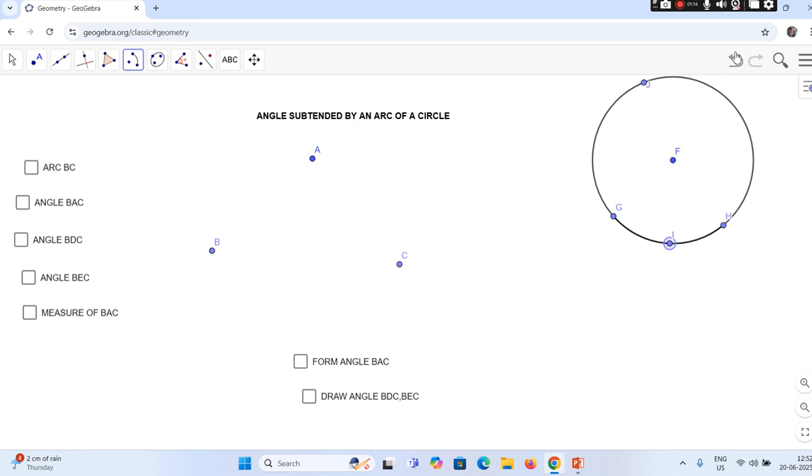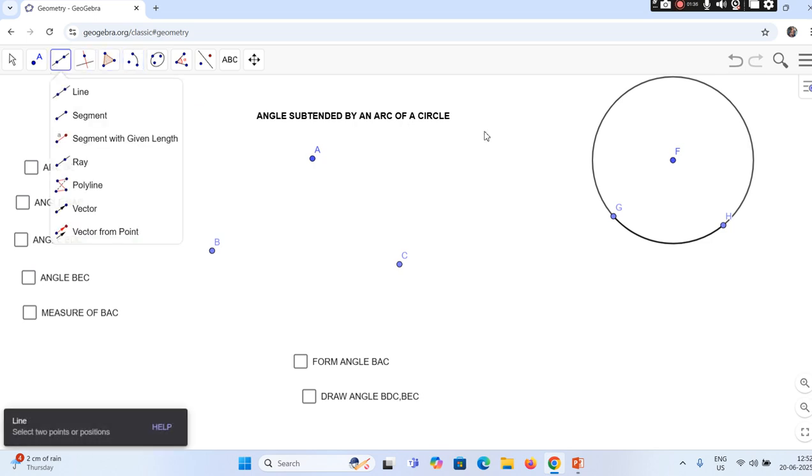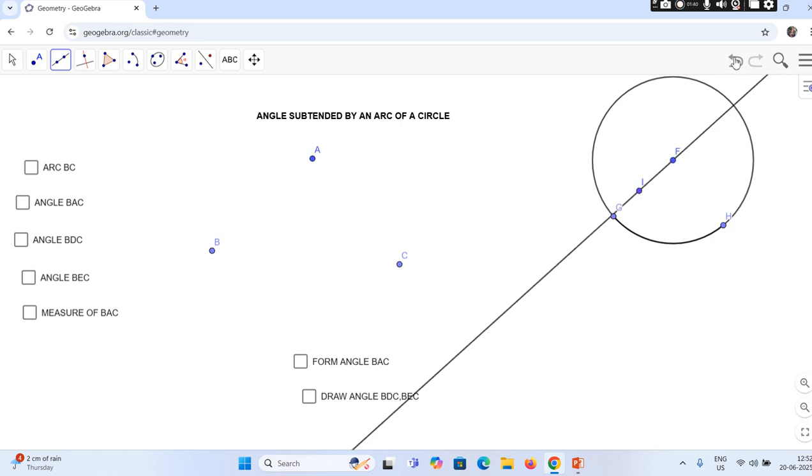Now we will talk about the angle subtended by an arc of a circle. So dear students, when you draw lines from the center to the end points of an arc, let's say I join FG. What are the end points, dear students?